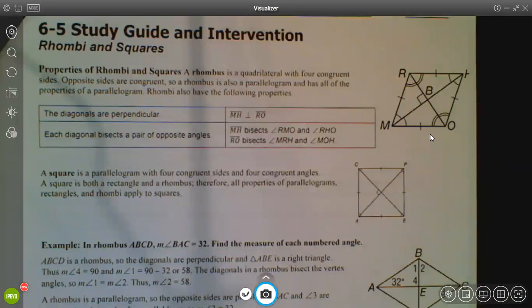It's like a visual way of noting all the properties, as if we mark up our diagrams like this. It reminds you where things are perpendicular and congruent and all that stuff. So take a second to draw that, and then I'm going to start going through the main properties that we should be aware of.